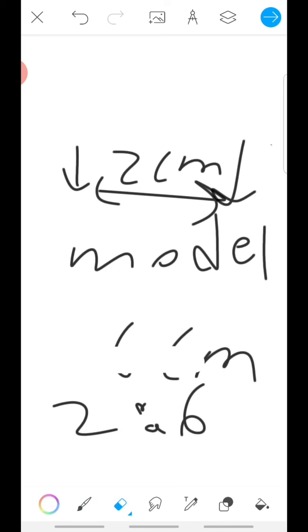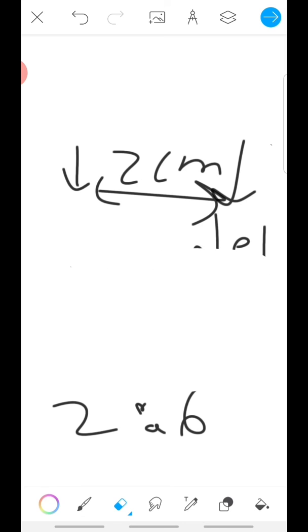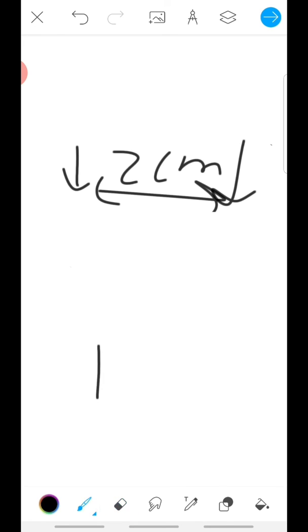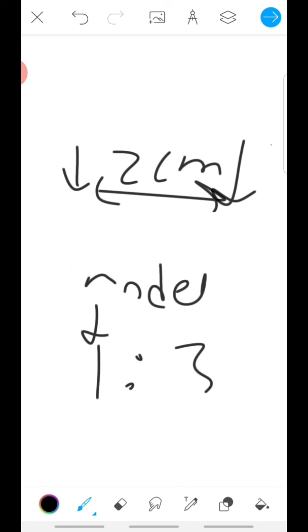And with scales, we always have to simplify. So we divide both of these by 2 and turn that into 1 centimeter, and the model is equal to 3 centimeters, or any other measurement, because it doesn't really matter when it's in scale.